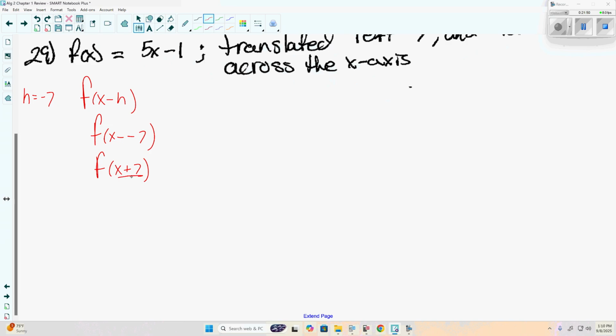Now we don't have f of x anymore. We have f of x plus 7, which means every x in f of x's function has to be replaced with x plus 7. So that means we have 5 times x plus 7, minus 1.